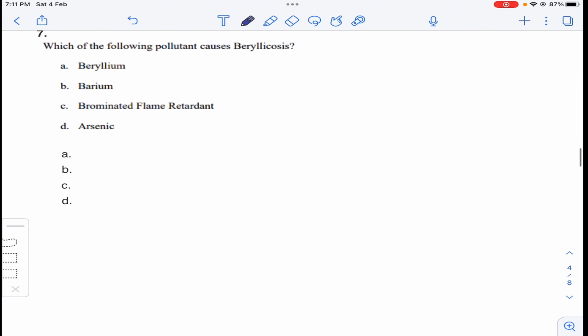Coming to question number 7. Which of the following pollutant causes berylliosis? Berylliosis, very important. Obviously berylliosis will be caused by beryllium, B-E-R-Y-L-L-I-U-M. Because of this beryllium, berylliosis will be caused.